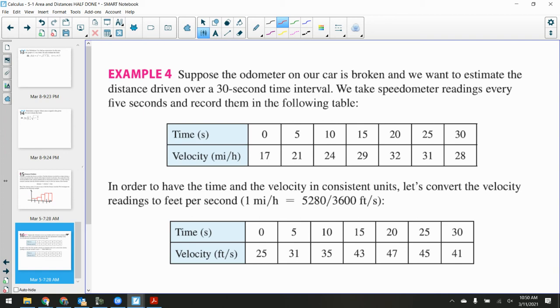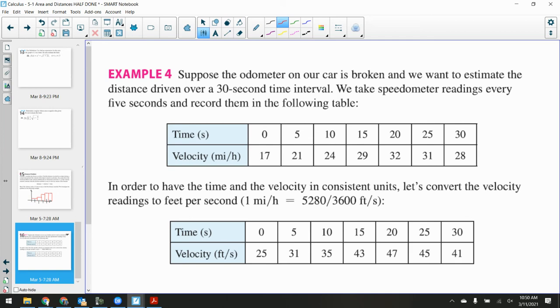We take the speedometer readings every 5 seconds and record them. Okay. I know why they give you the first part there: the speedometer is reading in miles per hour, so what they did is they just transferred miles per hour into feet per second.